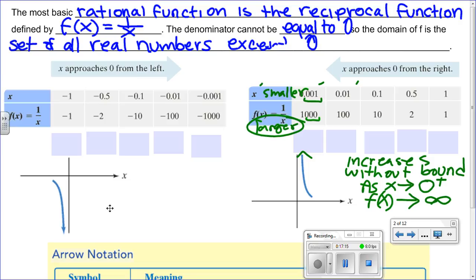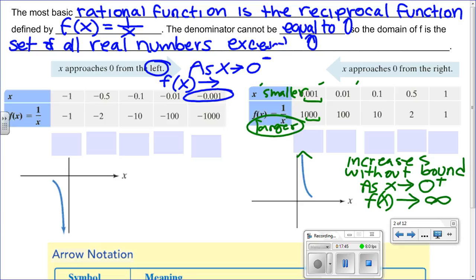And if we look at the left side, this number is also, well, in this case, it is getting larger, but that's like a whole negative positive thing, right? But you guys see that as we get closer to 0, but in this case from the left, so we put a little minus here, then what happens to the function value?